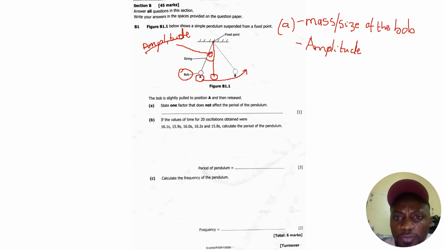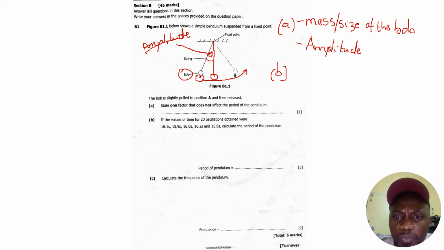Okay, so for B, it says if the values of time for 20 oscillations obtained were 16.1 seconds, 15.9 seconds, 16.0 seconds, 16.2 seconds, and 15.8 seconds, calculate the period of the pendulum.